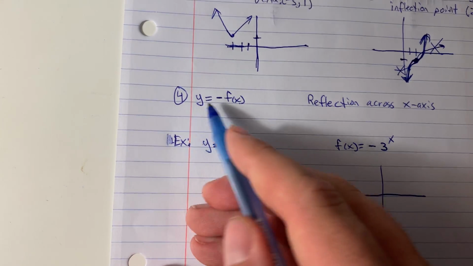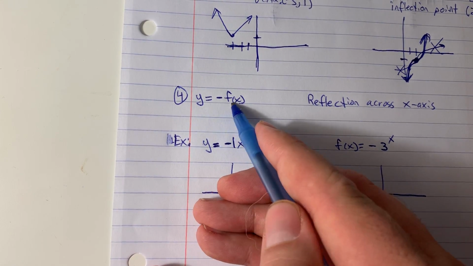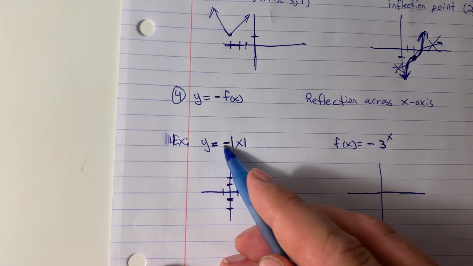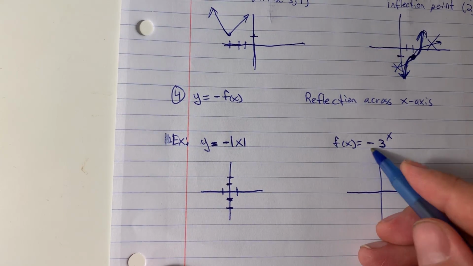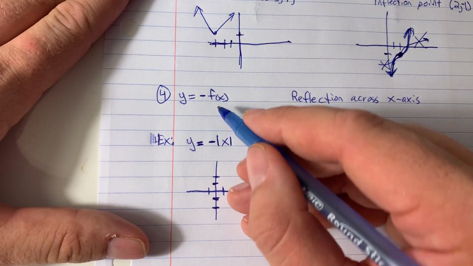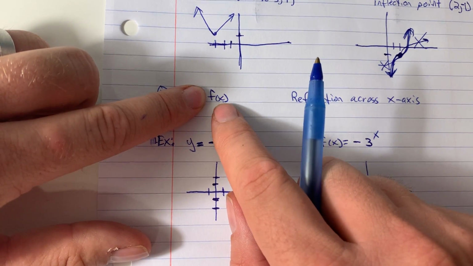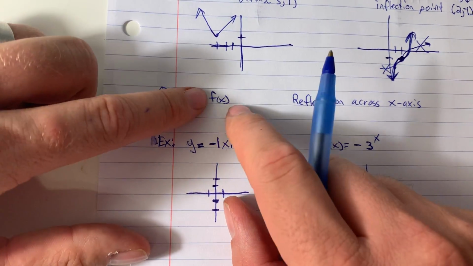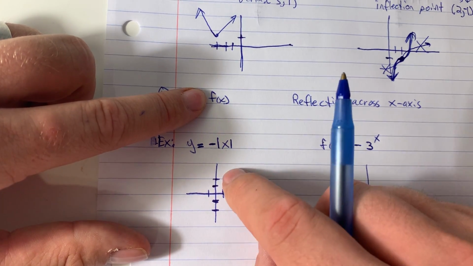All right, let's move on to our fourth set, which is what happens if we put a negative in front of a parent function? So a negative in front of the absolute value of x, or a negative in front of 3 to the x. Well, what this negative does is it takes all of the y values that you would have had and makes them negative. So any y values that would have been positive become negative.